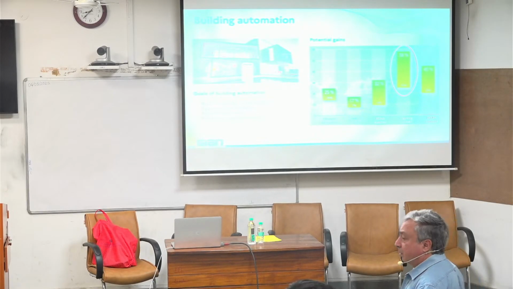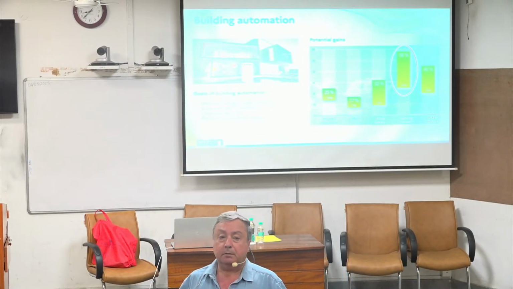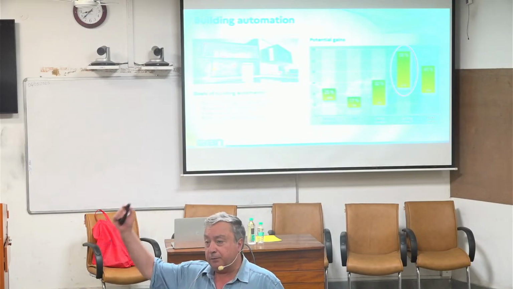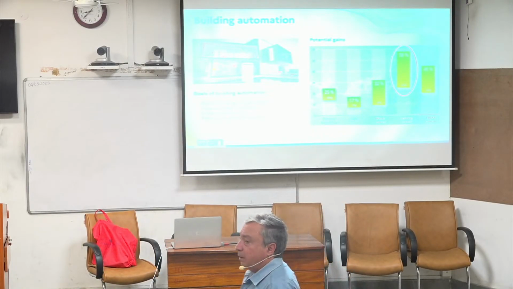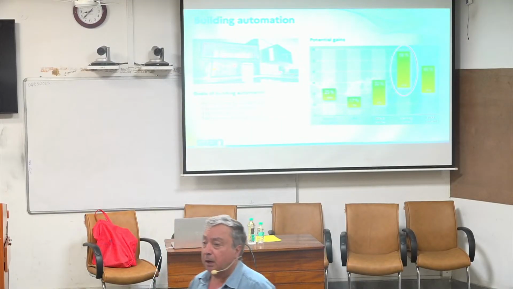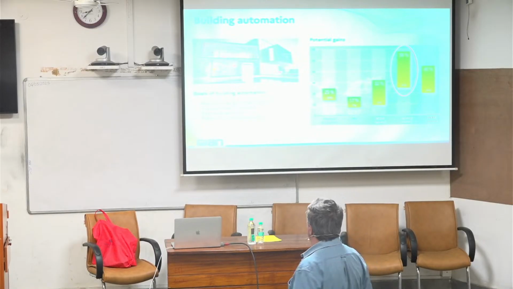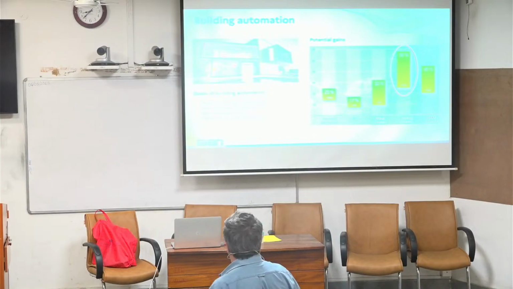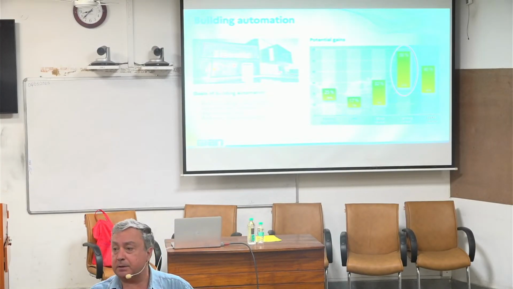If you use very efficient heating systems, well, here in India, especially in Nagpur, you don't need that, but if you go in the north, most probably yes. If you use efficient heat pumps, you can go up to 70% of energy gains. If you play with the blind controls, you can go up to 32% of energy savings.